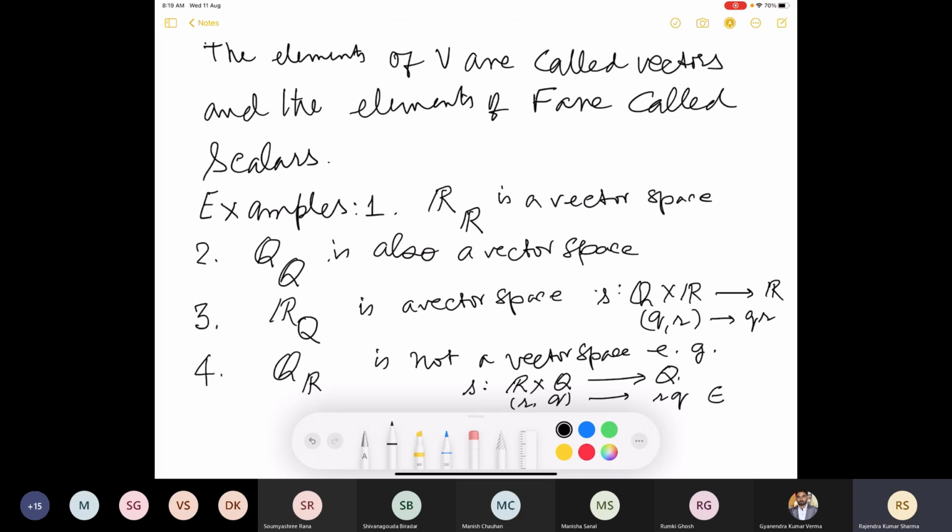Is it a rational number? Now, this is not the case if you take, for example, r as 1 and q as root 2. In that case, this is not so. And therefore, R over Q is a vector space, but Q over R is not a vector space.